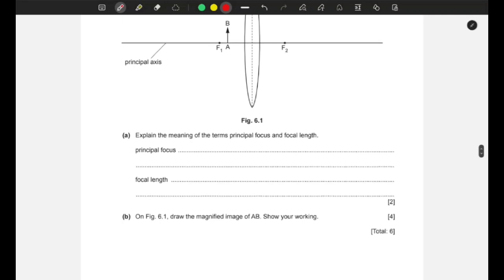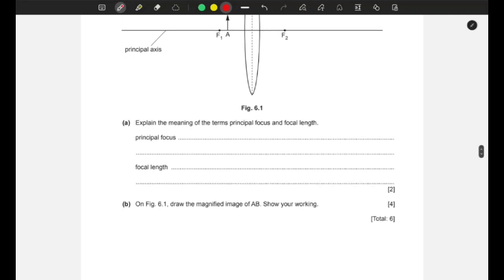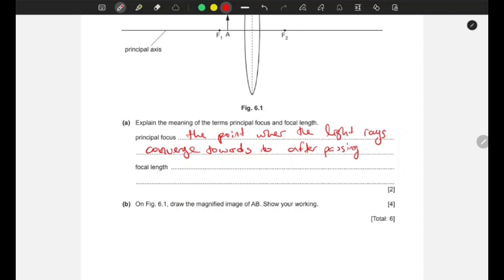So the principal focus, also known as the focal point, is the point where the light rays converge to after passing through the lens.